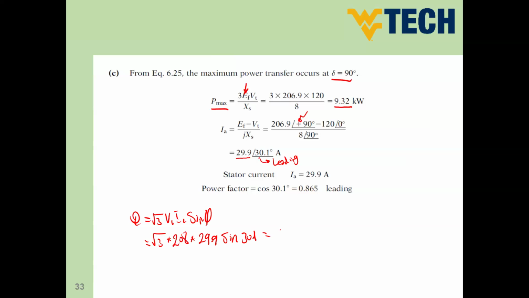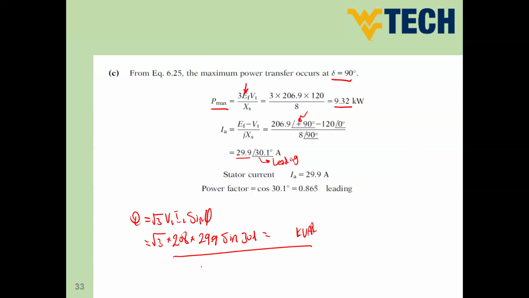And you can get the value in kilovolt ampere reactive. Okay, and for sure this is going to be leading reactive power, which means reactive power is coming from the load to the generator. So don't forget, guys, the meaning of lagging and leading again.